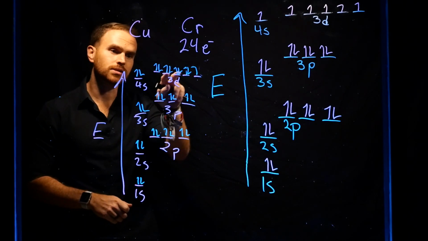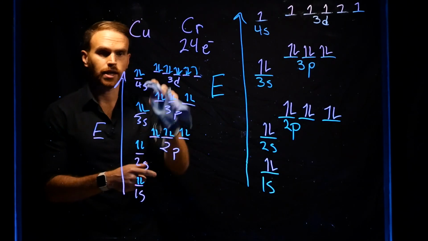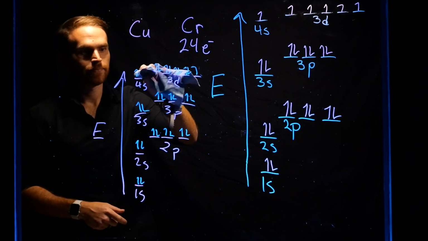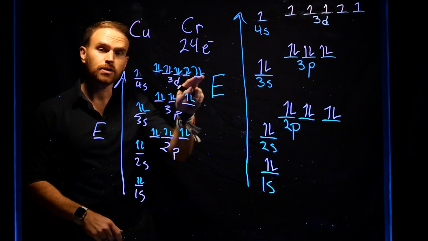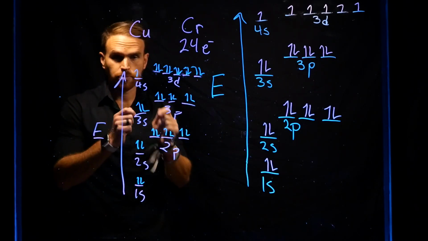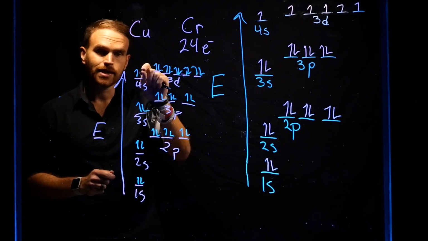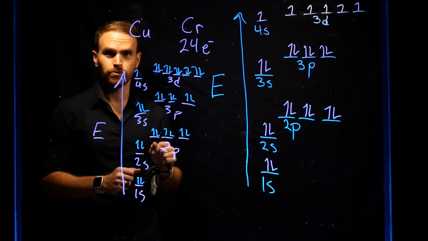But because these 3d orbitals and these 4s orbitals are so close in energy, the reality is that you generate an electron configuration where you fully populate these 5 degenerate d orbitals with paired electrons by taking the electron from the 4s orbital and placing it into the 3d orbital.